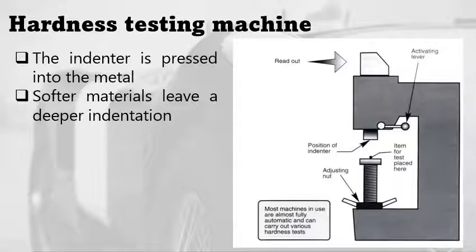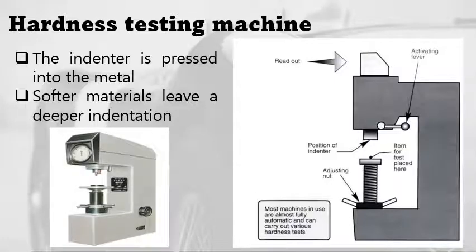So most machines in use are almost fully automatic and can carry out various hardness tests. So this machine can carry out the different hardness tests that will be discussed later on. So you can see here the actual photo of a hardness testing machine.